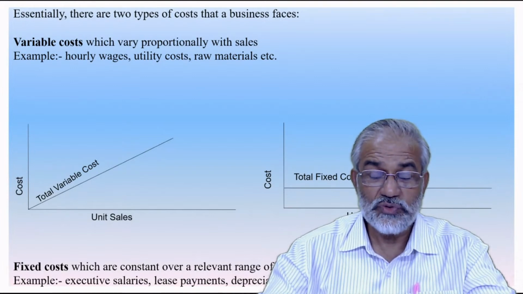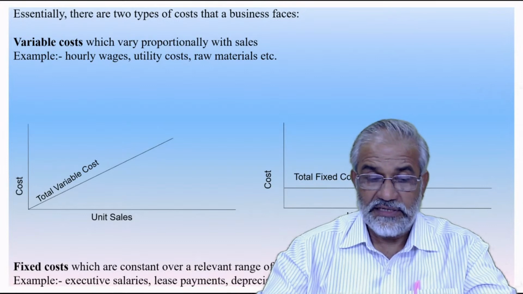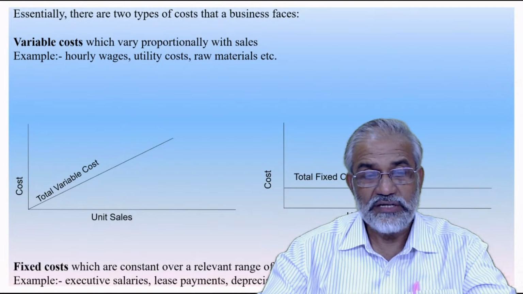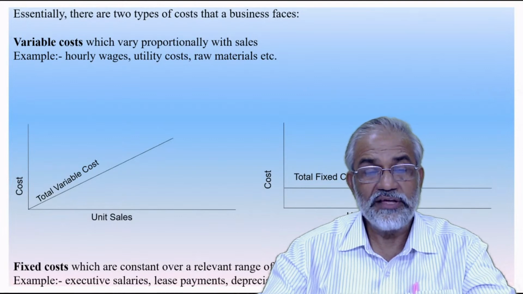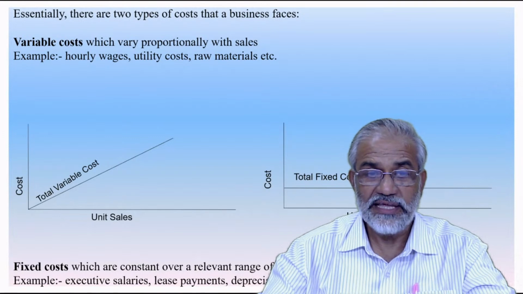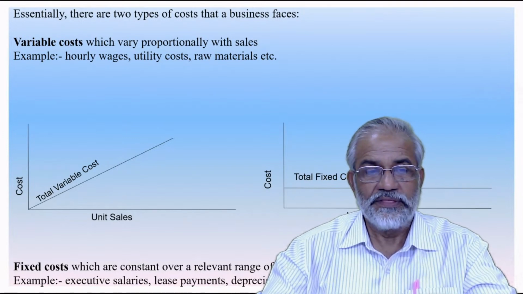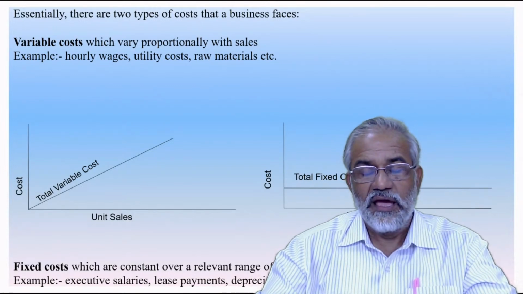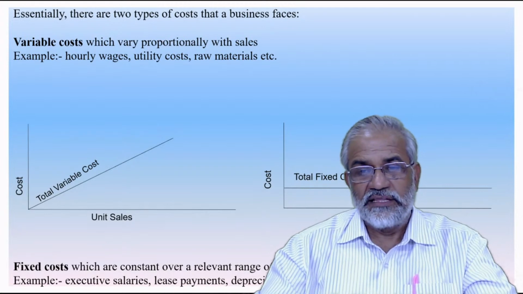If we are producing one unit, it is one; if we are producing a second unit, then it would be two; the third unit, three; the fourth unit, four. That's why it is always a rising trend. The line is completely visible. That is rising.